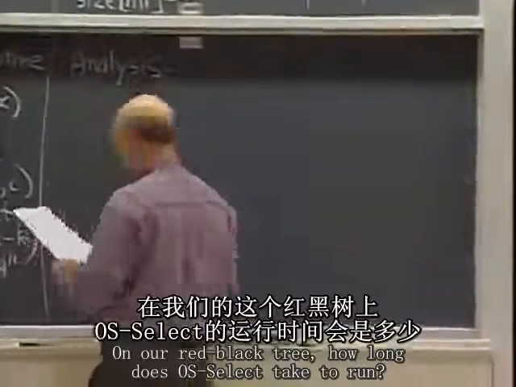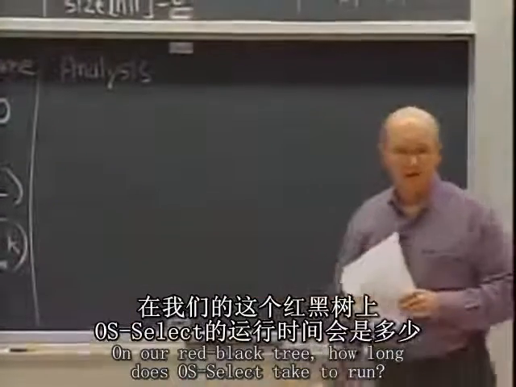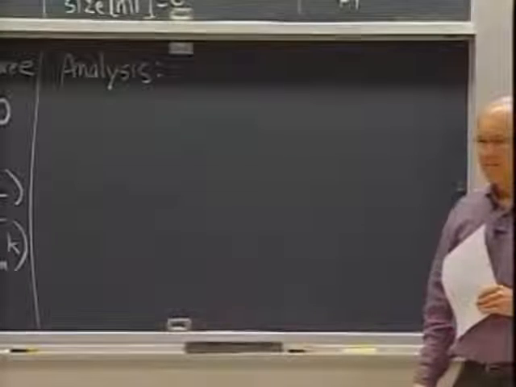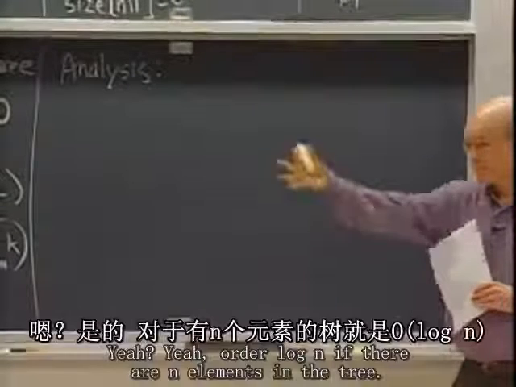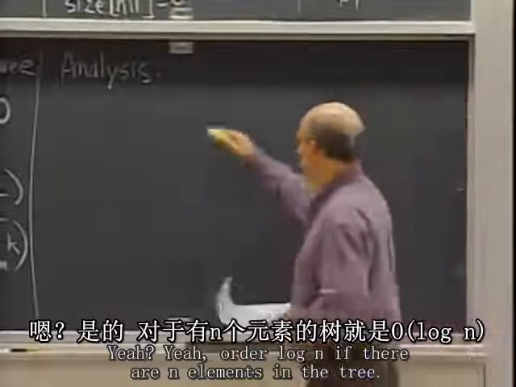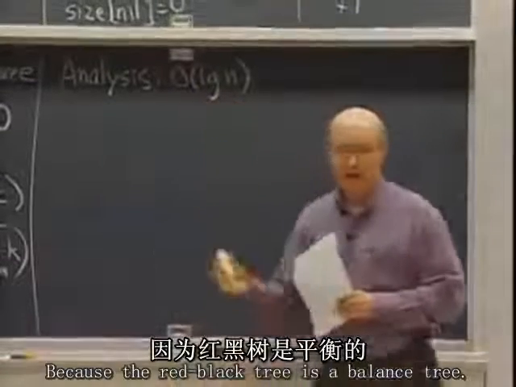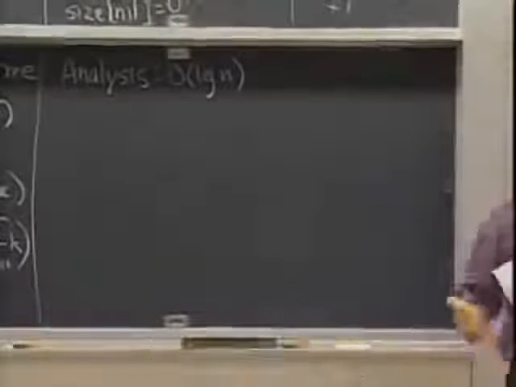Okay, so on a red-black tree, how long does OS-Select take to run? Yeah, order log n if there are n elements in the tree, because a red-black tree is a balanced tree. Its height is order log n.